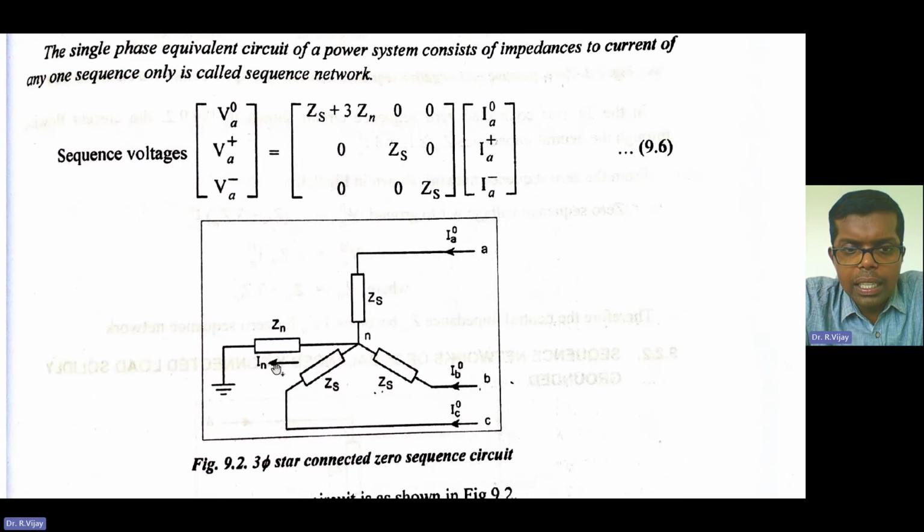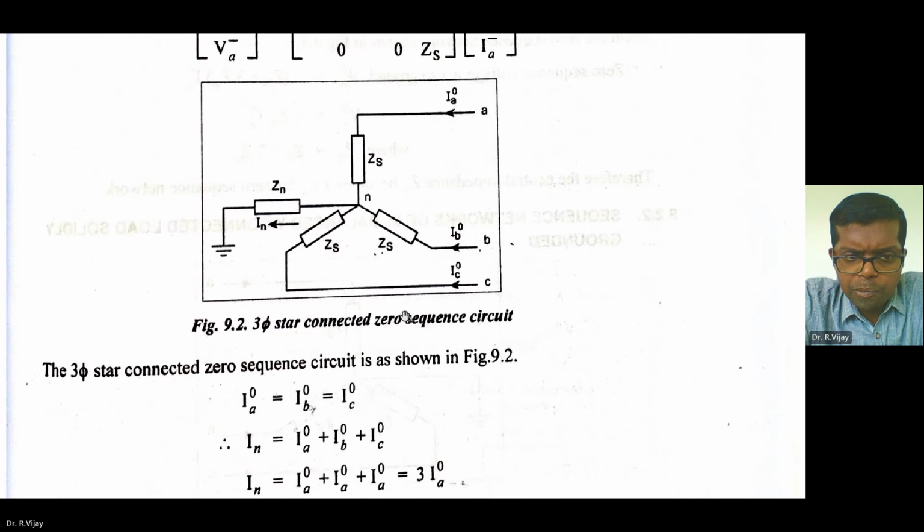The current is I_N here, and it has the impedance Z_S. These are all zero sequence currents, I_A0, I_B0, I_C0, in the A phase, B phase, and C phase.